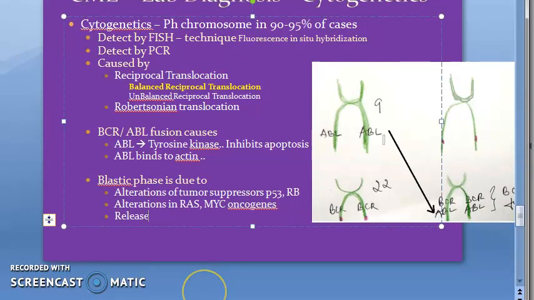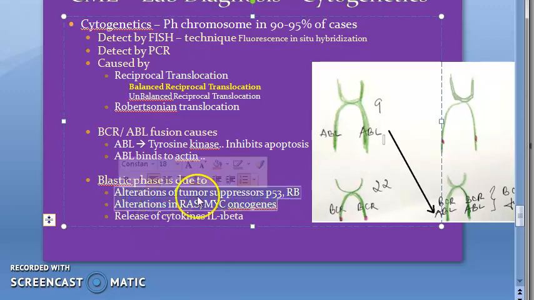And then you have release of cytokines, like IL, interleukin 1 beta. Not sure what this is, never heard, but definitely progression to blastic phase may be due to alteration in tumor suppressors, that is P53, RB, and alterations in the oncogenes, RAS oncogene and MYC oncogene, okay.